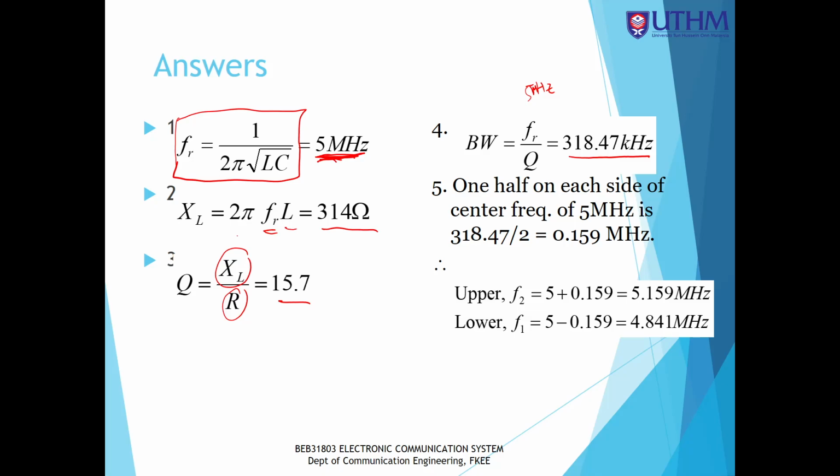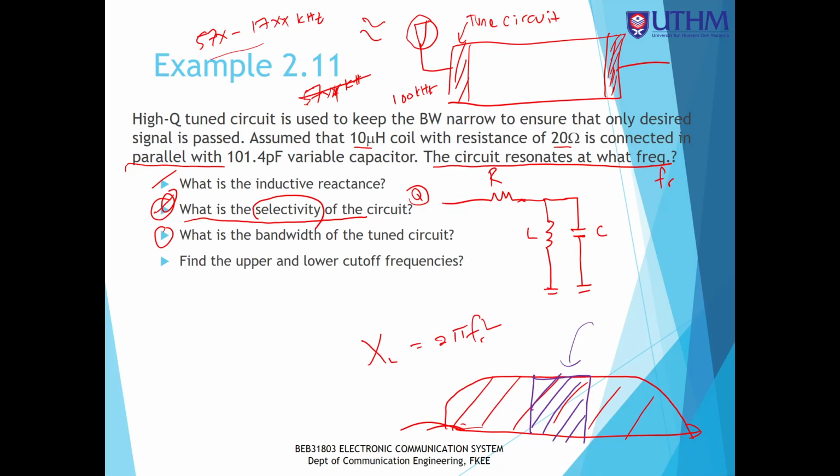The next question asks, find the upper and lower cutoff frequency of the tuned circuit bandwidth, F1 and F2.